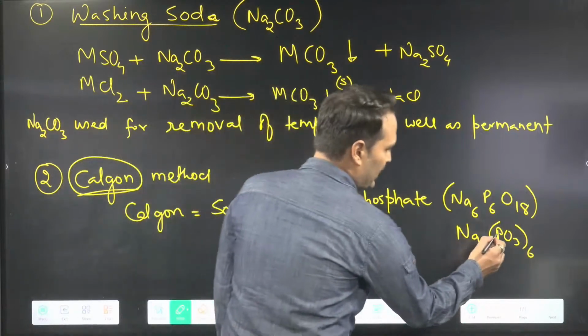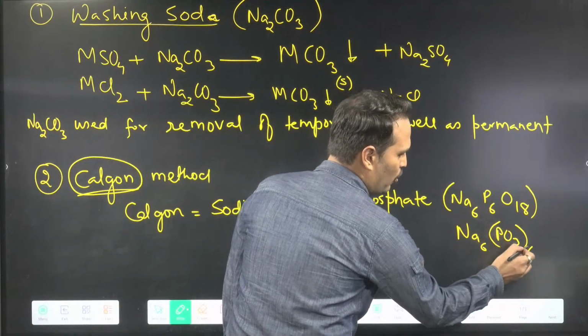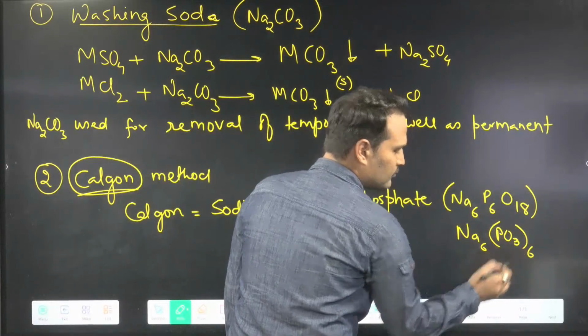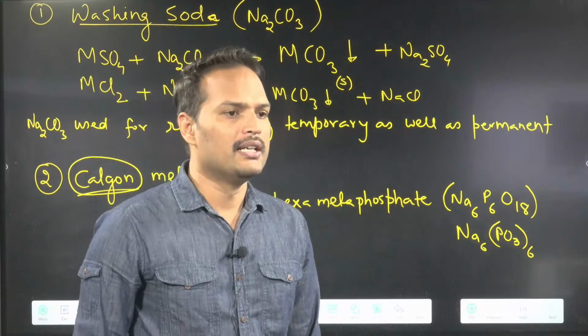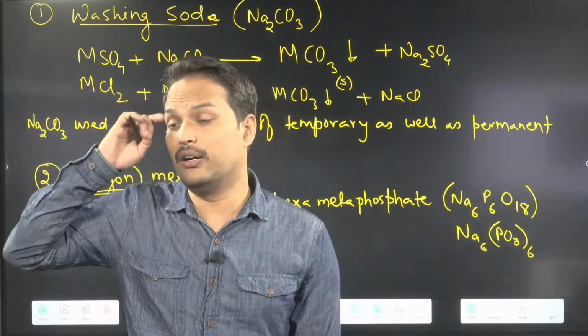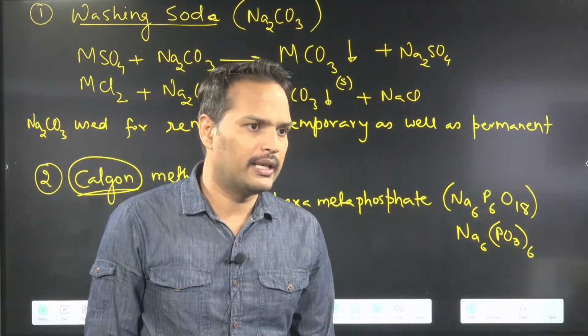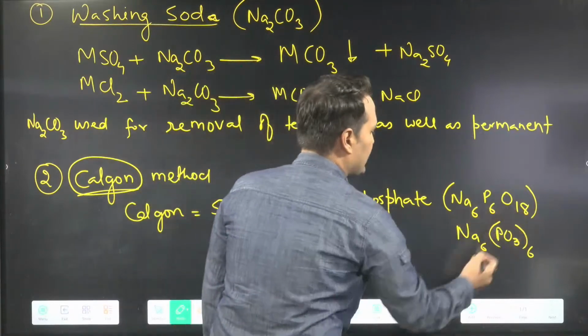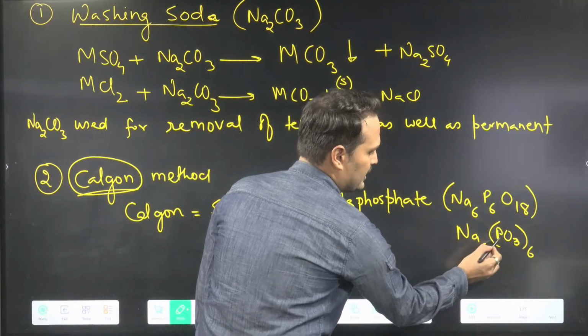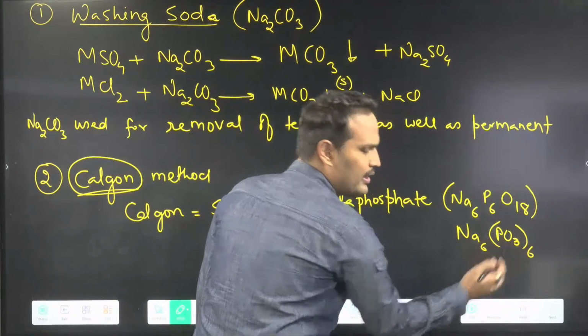So from here you will get P6 and O18. You will find metaphosphoric acid, these things you will study in the phosphorus family. Okay? So 6, 6, 18. (PO3) whole times 6, so P is 6 times, O is 18 times.